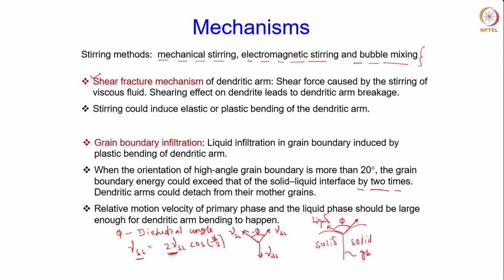So as the liquid penetrates the grain boundaries of the dendrites, the dendritic arms could detach from their mother grains. Okay, but for this to happen, the relative motion velocity of primary phase and the liquid phase should be large enough, and that is why you need to stir the melt vigorously by using one of these means, right?